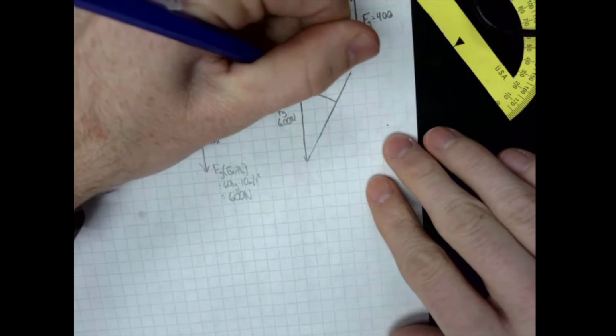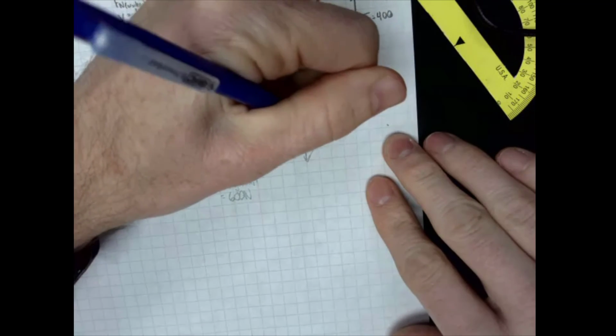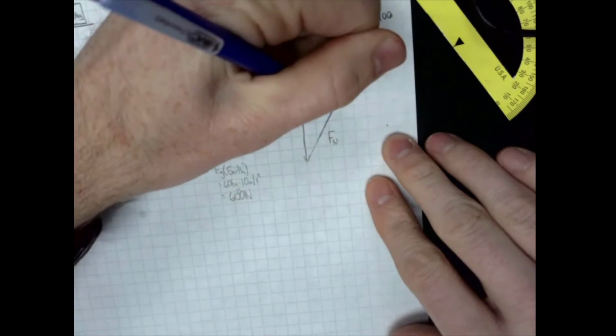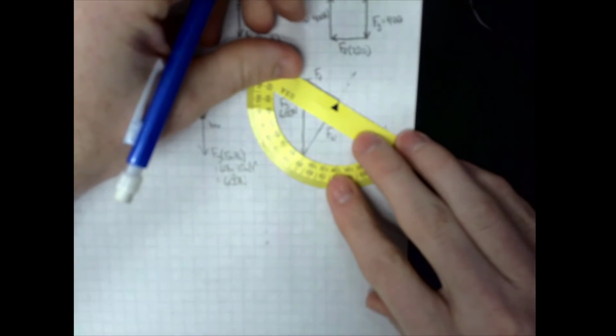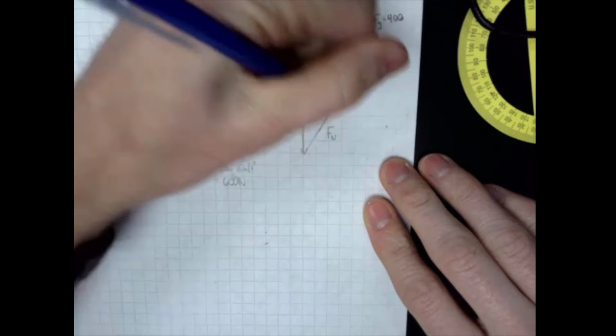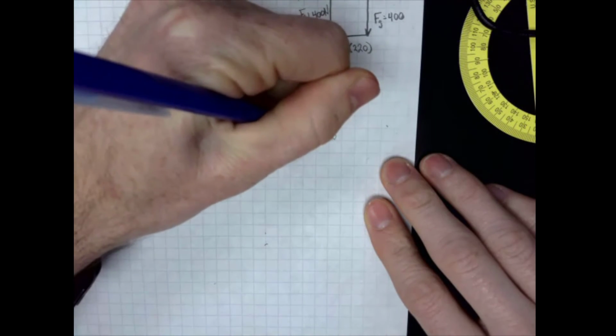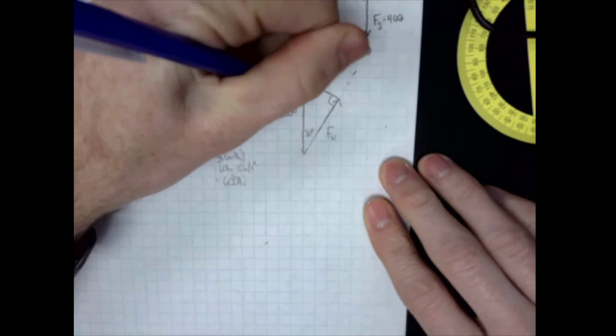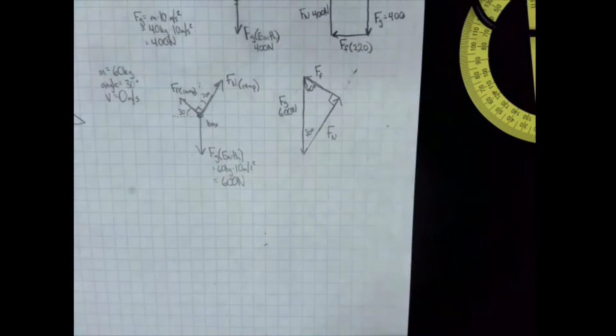So friction is that direction, normal force is that direction, and it doesn't go the whole length, it just goes up until it meets the other one. Now if I drew this correctly, this should be a 90-degree angle, and that's pretty closely 90 degrees. So this is 30 degrees, and that makes this angle 60 degrees.